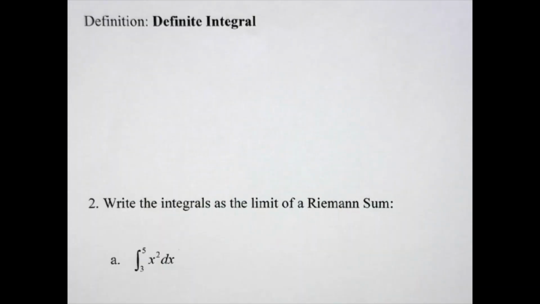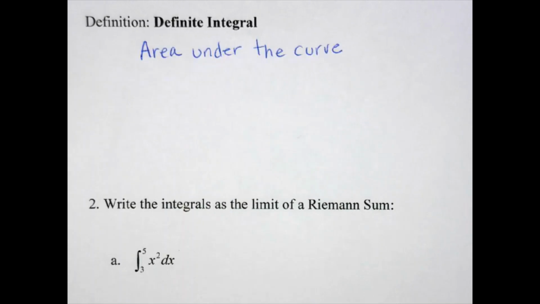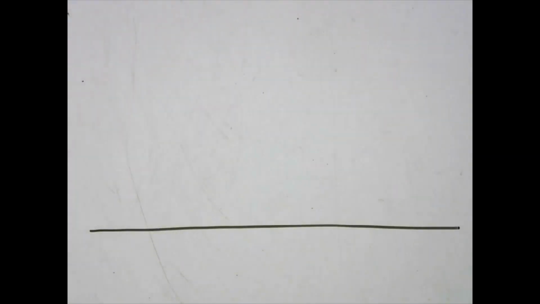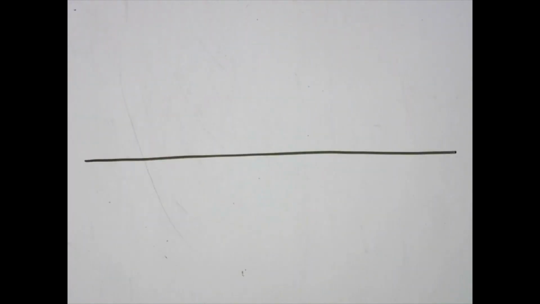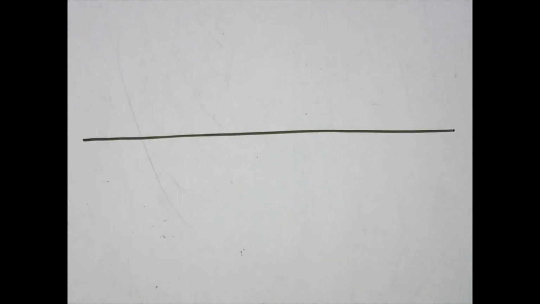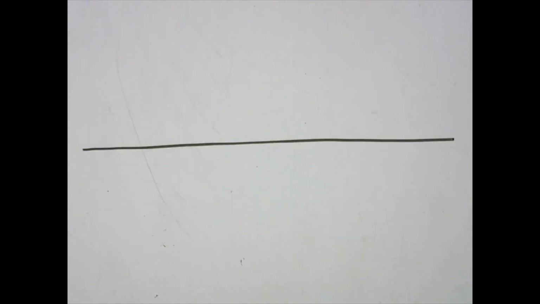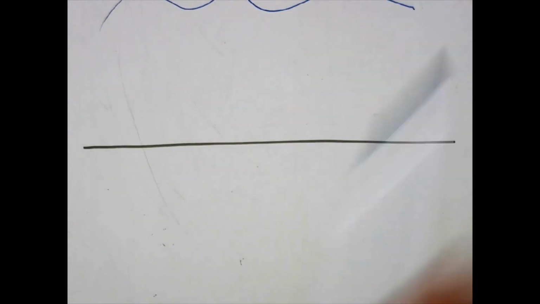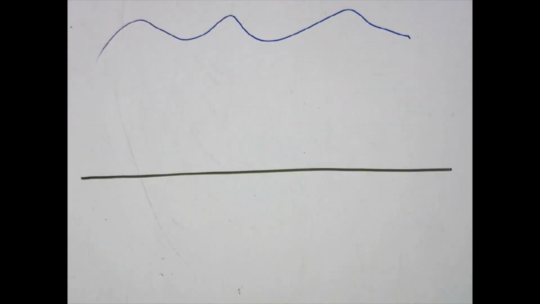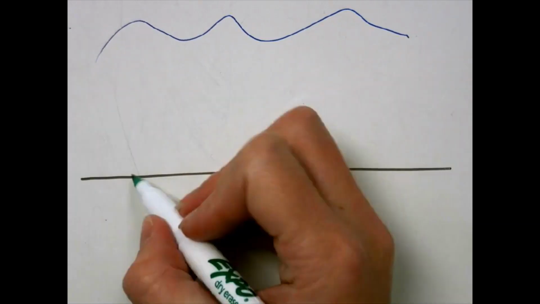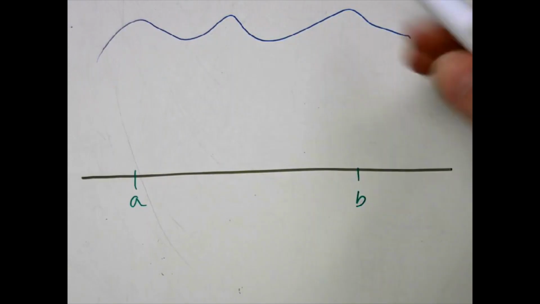Now let's talk more formally about the definite integral. Right now, we're just going to loosely define this as the area under the curve. So I'm going to go through and develop what all of the different pieces of this definition are going to be. Let's say we have some function here, and I want to approximate the area from here to here.